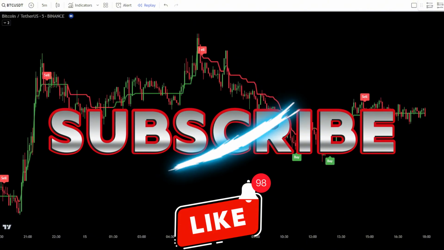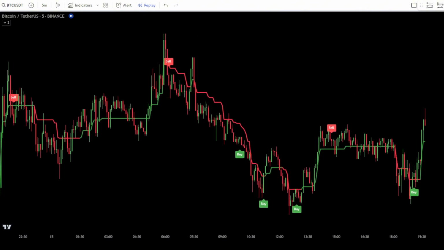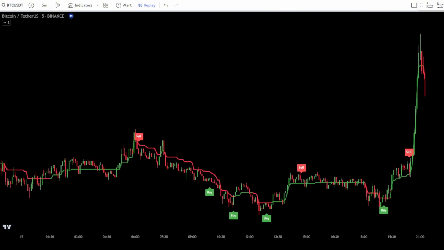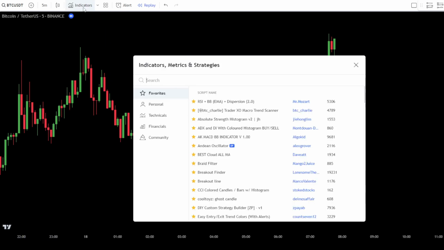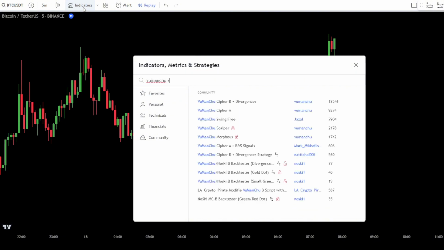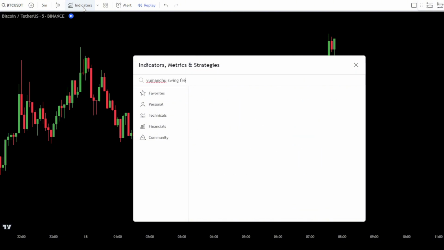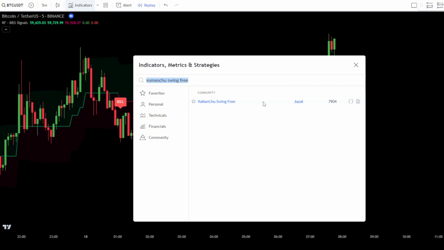If you want to use this scalping strategy, you can go to Tradingview. Then, go to the Indicator Search tab. In the Indicator Search tab, type in Swing Free. Next, select the Vumanchu Swing Free indicator by Jazal.